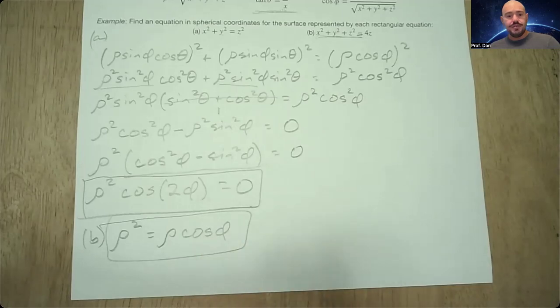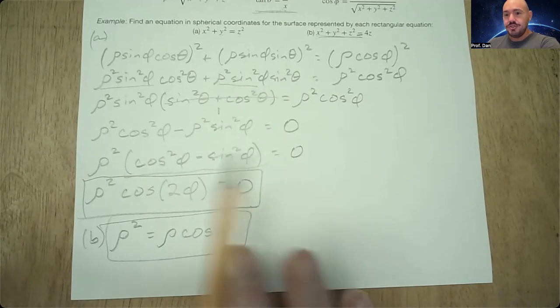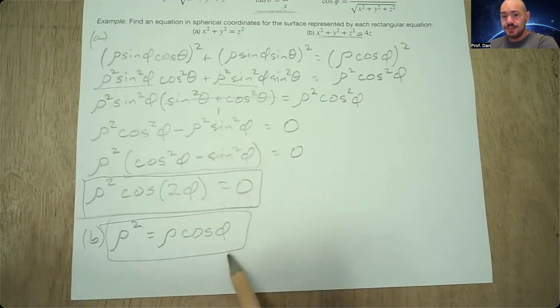If I really wanted to, I could subtract this from both sides. I could factor out a rho, but there wouldn't be anything I could do with it at that point. So it's not particularly useful for me to do that. Other thing, I would not divide by rho, right? If you try to do that and say rho is equal to cosine of phi, you've actually changed the domain of this function. Because if you divide by rho, you would have to have a stipulation that rho could not be 0 since you can't divide by 0.